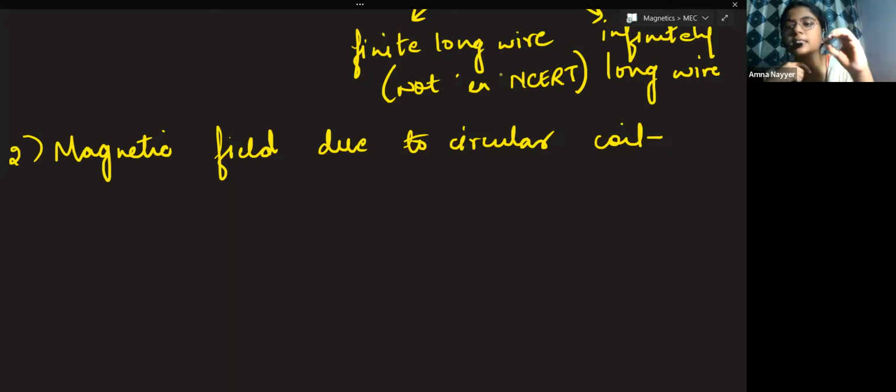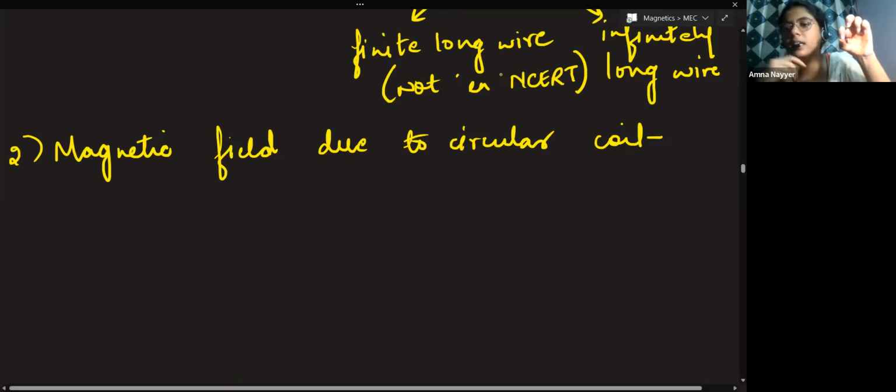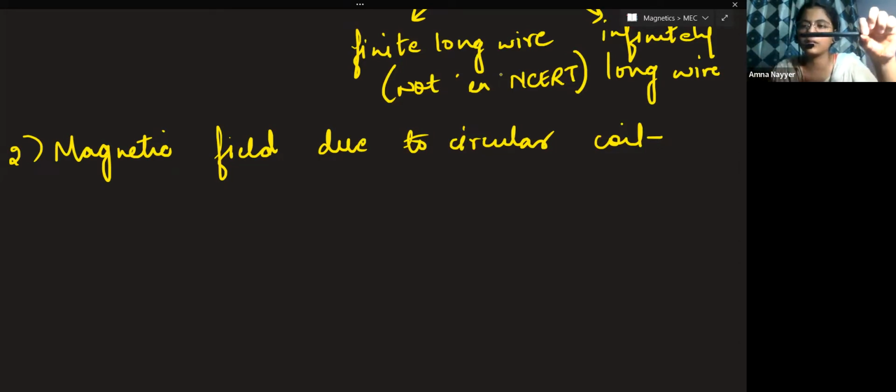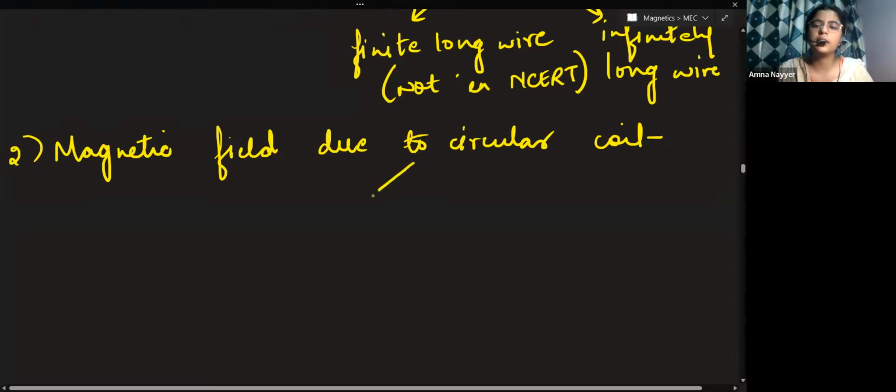Then the axis means this is the axis of it, and you may be asked to calculate it over here. So the magnetic field due to a circular coil is asked to be calculated either at the center or at the axis.